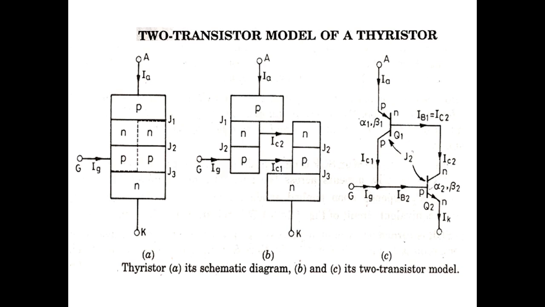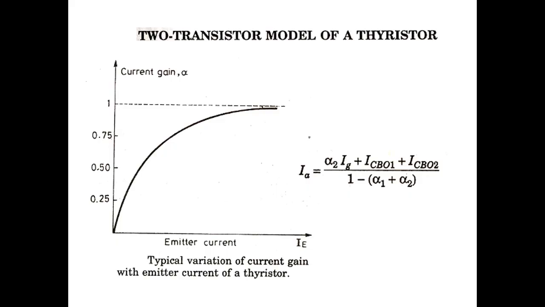So here it is drawn between the anode current and the current gain alpha. This is the anode current of Q1, that is the anode current of SCR or emitter current of Q1.